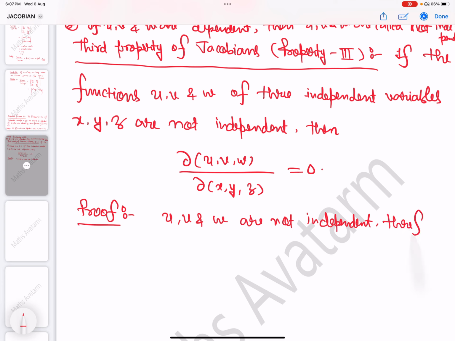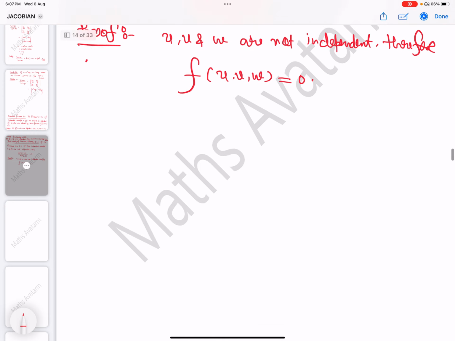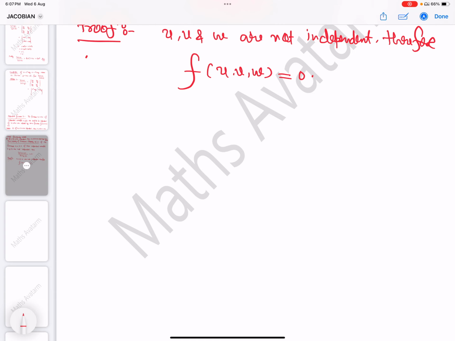Therefore, they are related by some function f(u, v, w) equal to 0. Let's say this is star.